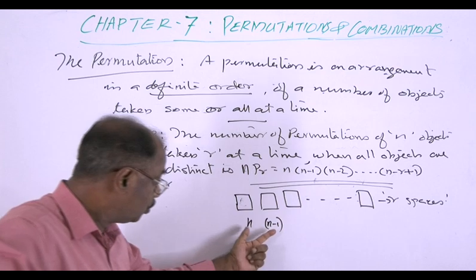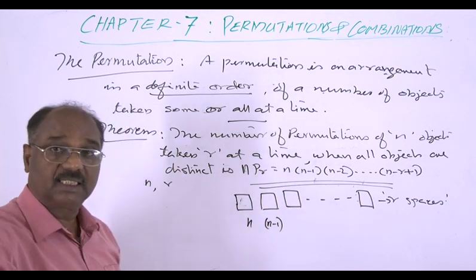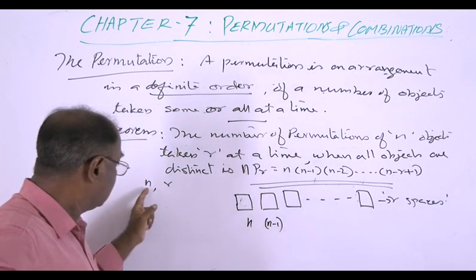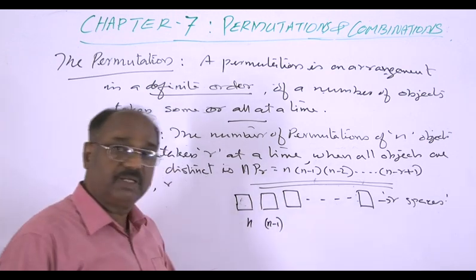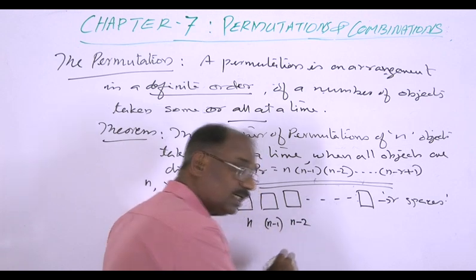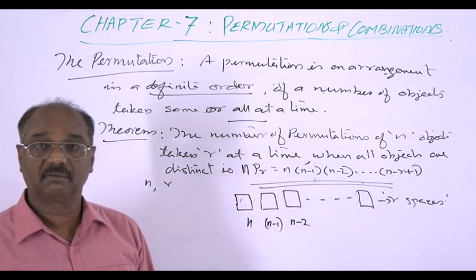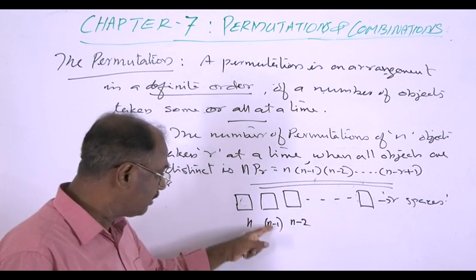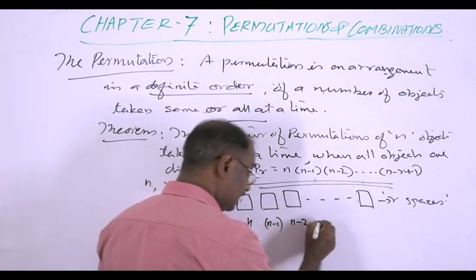Two objects are removed from the collection, so there are n minus 2 objects. The third space can be filled in n minus 2 distinct ways. So the three spaces can be filled in n into n minus 1 into n minus 2 different ways, and so on, proceeding like this.